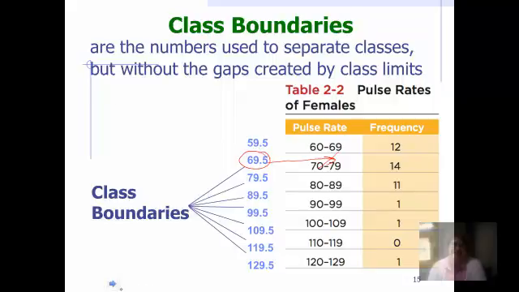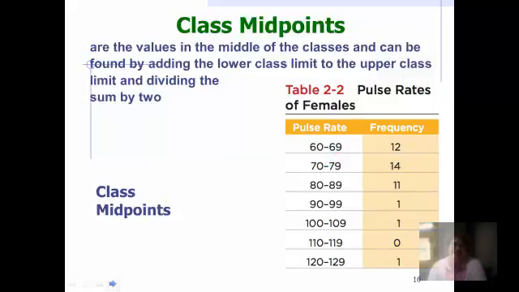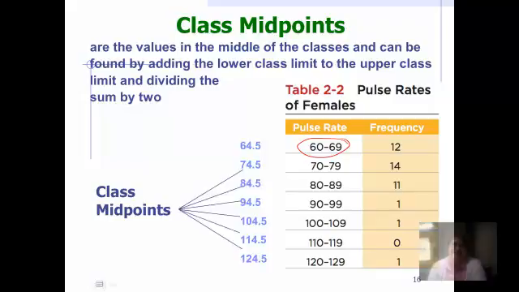Then we have our class midpoint. For the class midpoint, we add the lower limit and the upper limit together and divide by 2. So we take 60 plus 69 divided by 2, and we get 64.5 as our class midpoint.